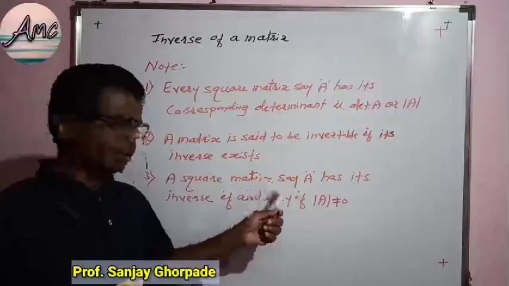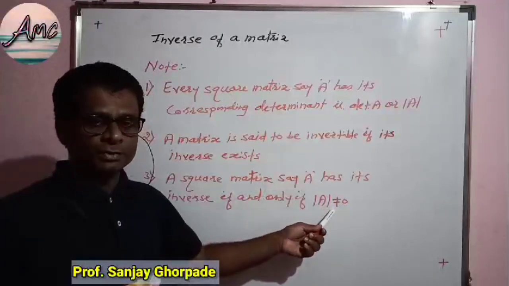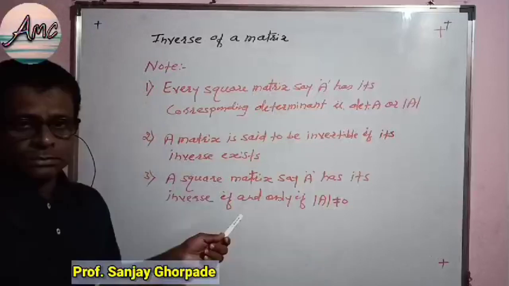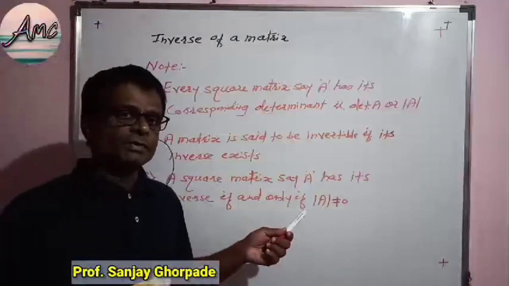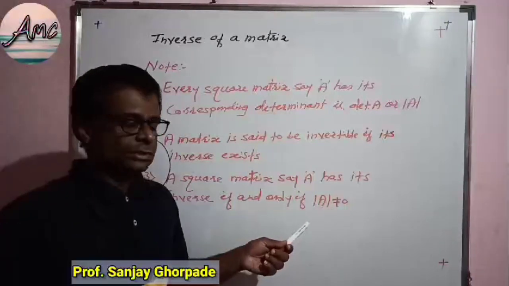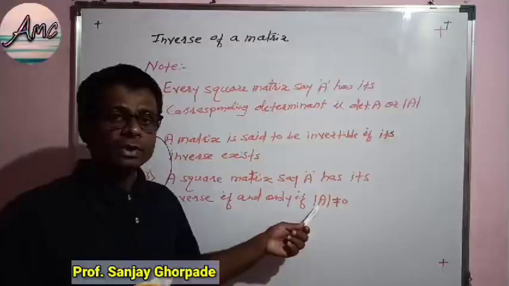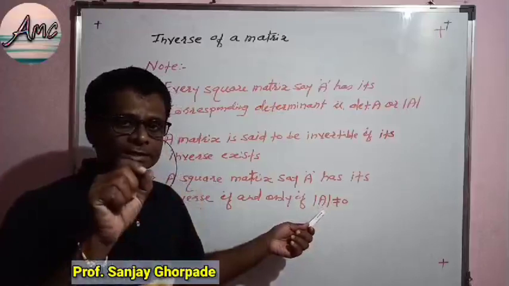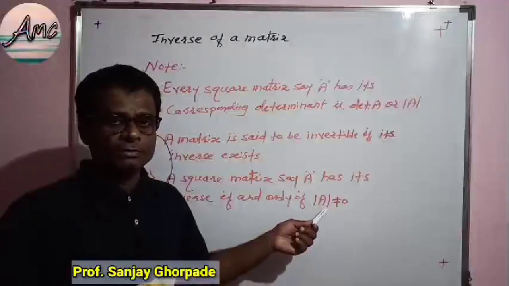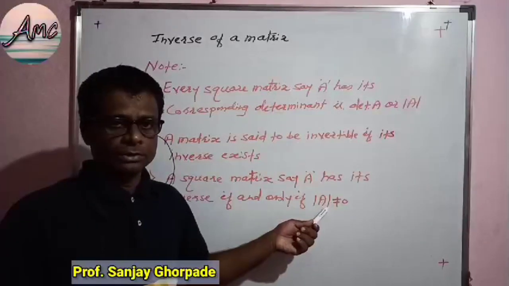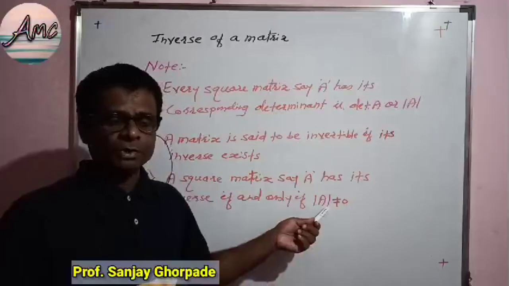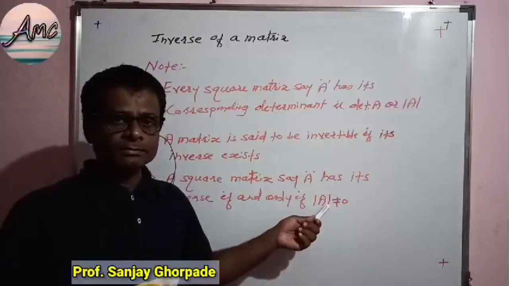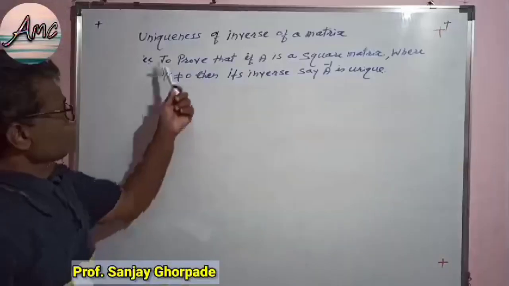The value of the determinant of the given matrix is not equal to 0. Means what? To obtain the inverse of a matrix, the matrix should be a non-singular matrix. Means the value of that determinant should not be equal to 0. Then and only then it is possible to obtain its inverse.